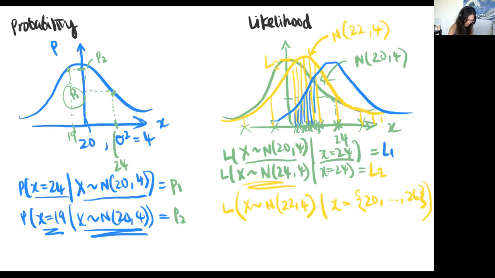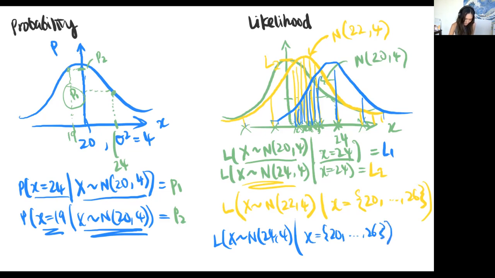You can see that it becomes more dense here, very not dense here. Here it's a lot less dense. So that's an incorrect assumption. So the likelihood that X follows this 24 of 4, given that we know all of these X's of 20, 26, so on and so forth, this likelihood is going to be less than this yellow likelihood.